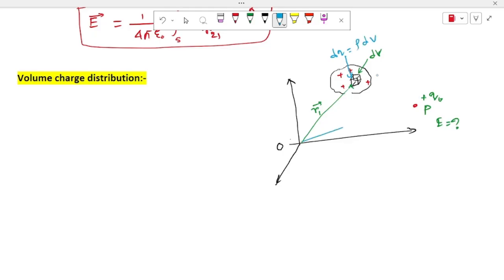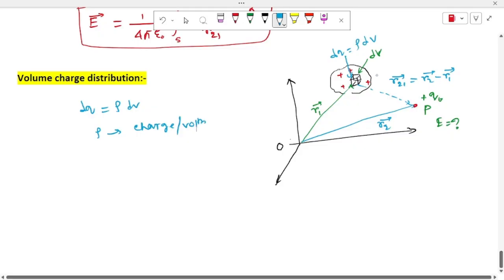Also the position vector of the point P is r2 vector. So the separating distance is r21 vector, which is equal to r2 vector minus r1 vector. Here dq is rho dV, where rho is called charge per unit volume.